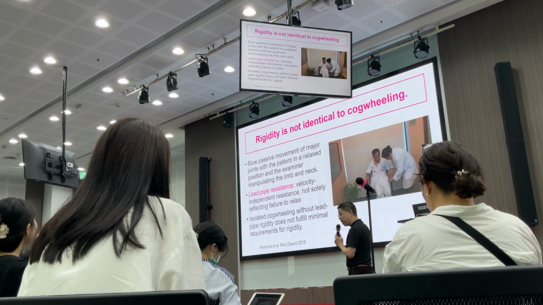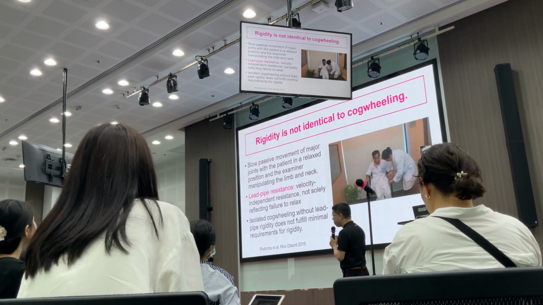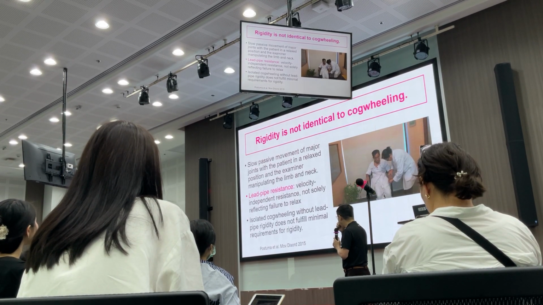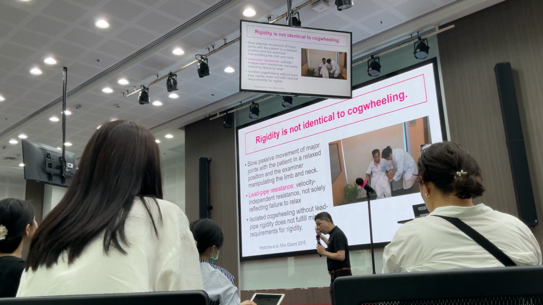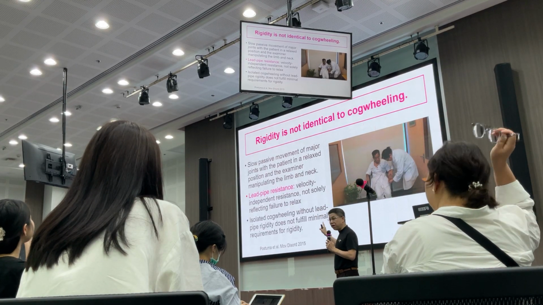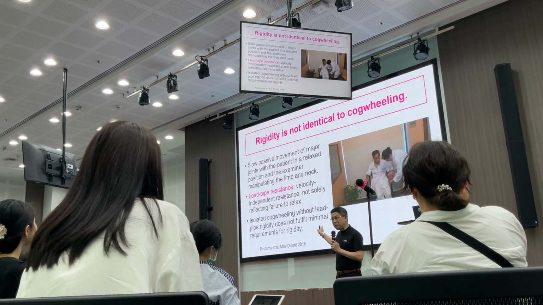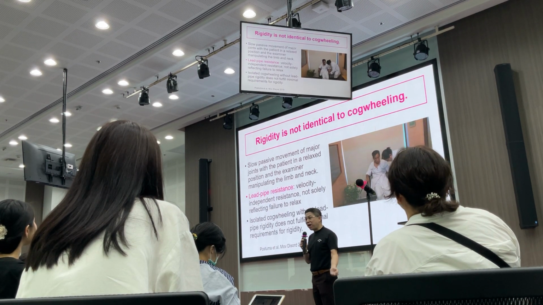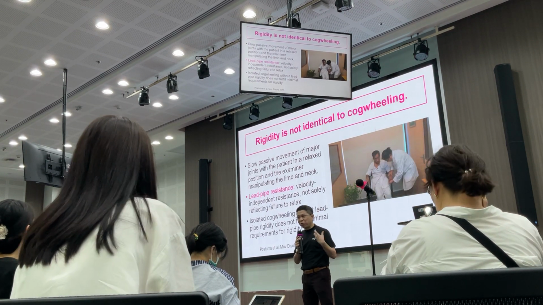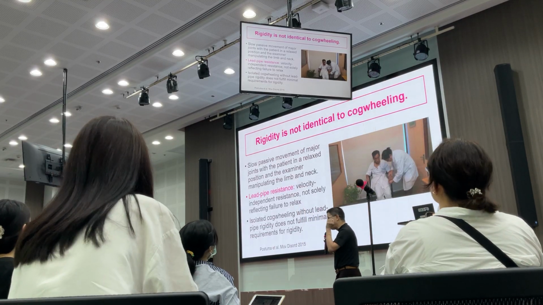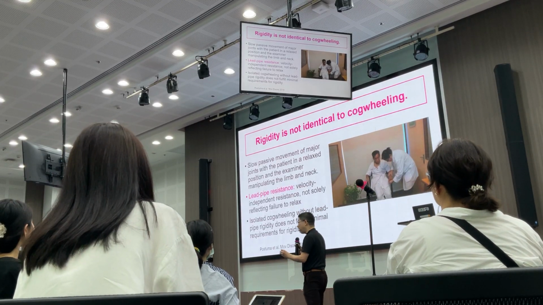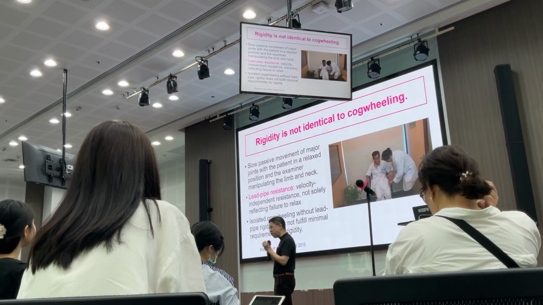I'm going to skip here. Rigidity, you all know, but what I want to highlight is that cogwheeling alone is not enough for you to diagnose the patient with rigidity, okay? Many times when you test the patient, there's a little cogwheeling there. It's not enough to label them as having rigidity.